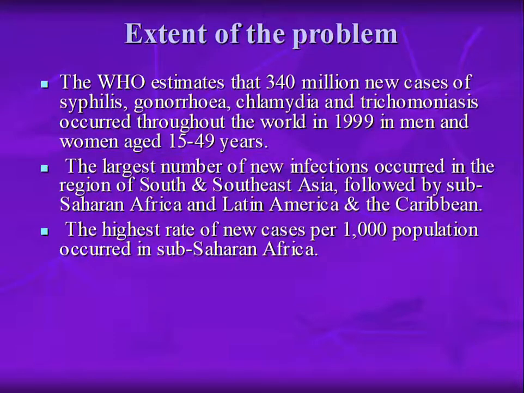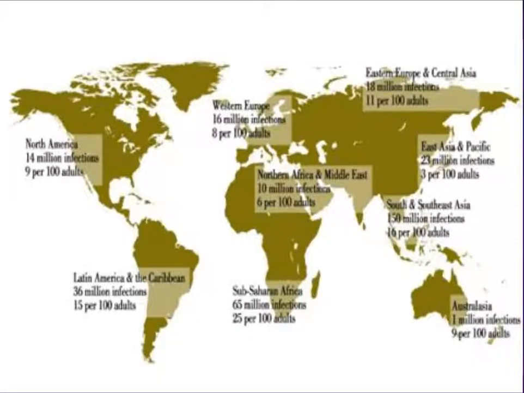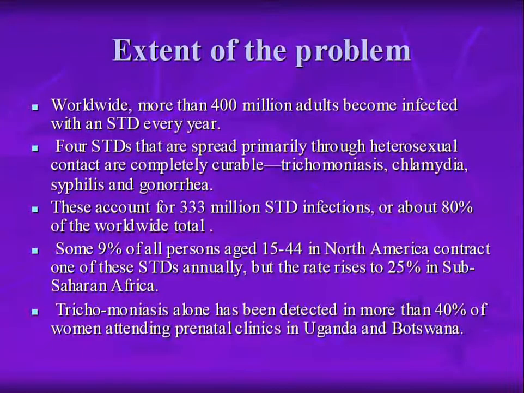The largest number of new infections occurred in the South and Southeast Asian region, followed by Sub-Saharan Africa and Latin America and the Caribbean. The highest rate of new cases per 1,000 population occurred in Sub-Saharan Africa. These are the distribution of sexually transmitted diseases.